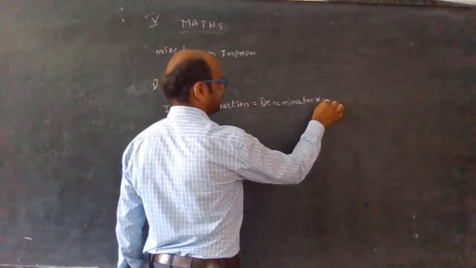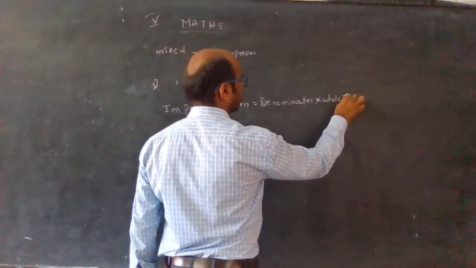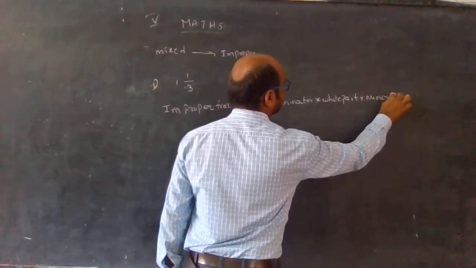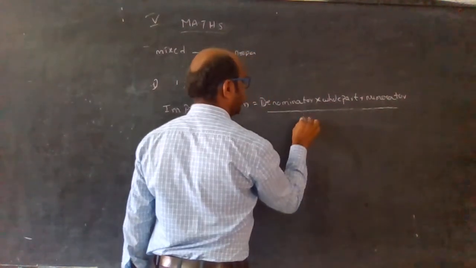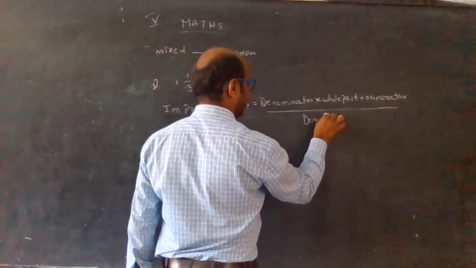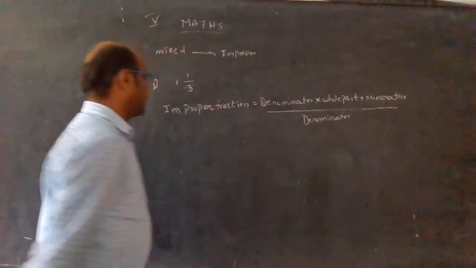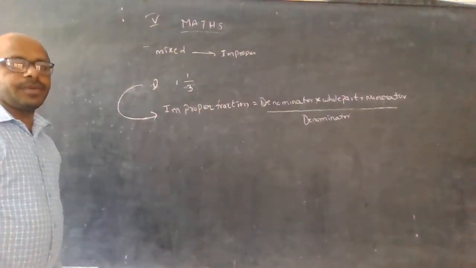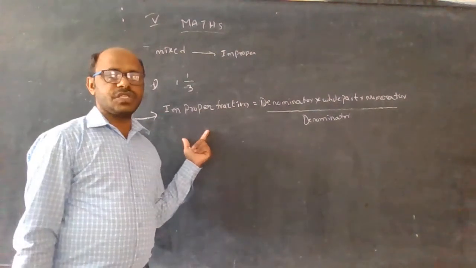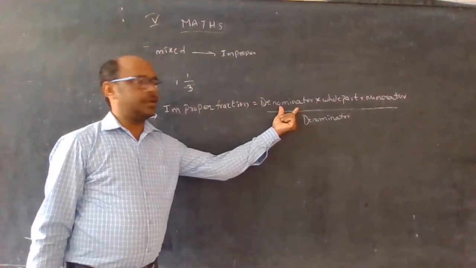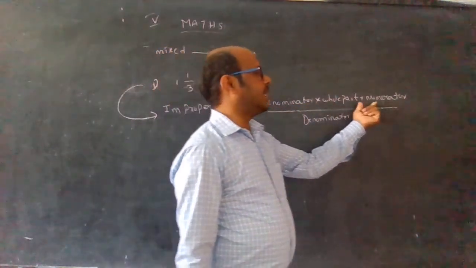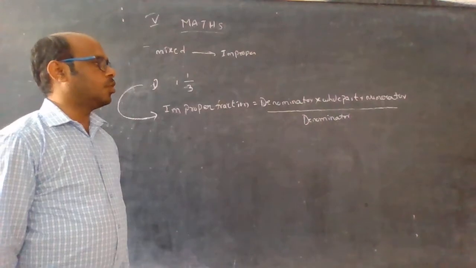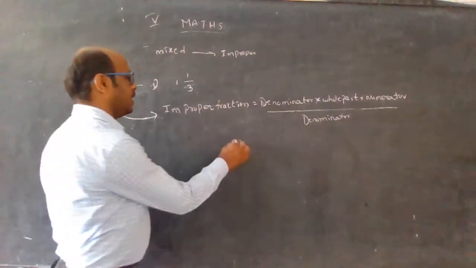See children, we are converting a mixed fraction into an improper fraction. Improper fraction is equal to denominator into whole part plus numerator, by denominator.